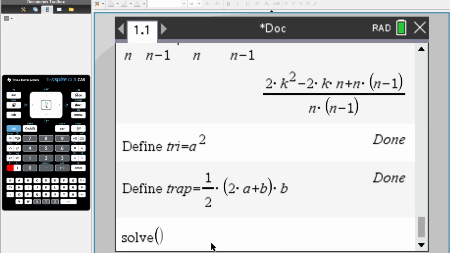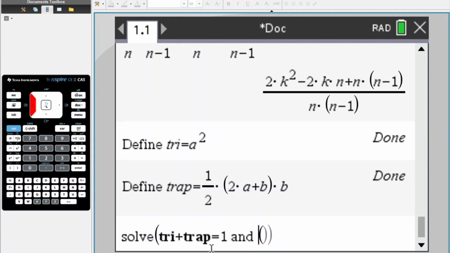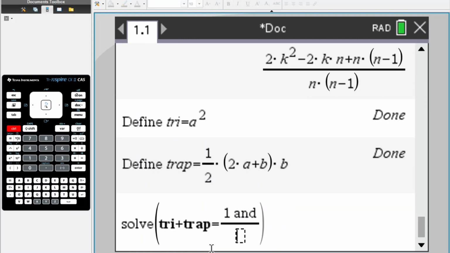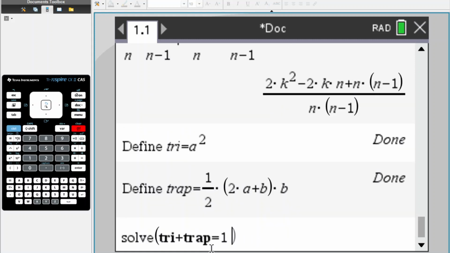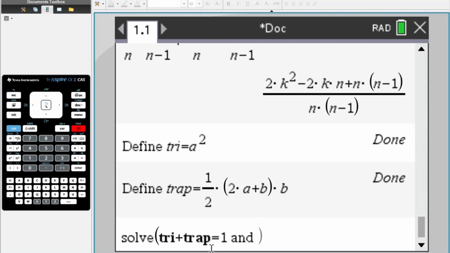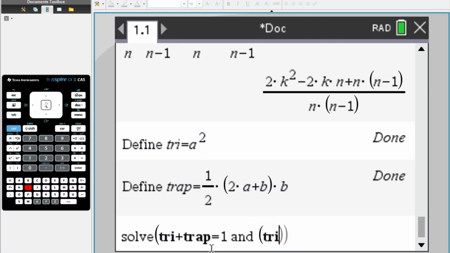So I'm going to solve triangle area plus trapezium area equals 1, and I'm also going to do tri plus trap, and then divide this by a plus b.